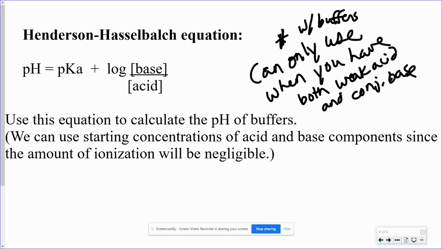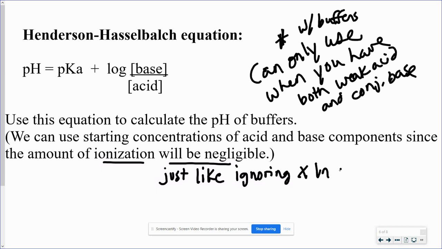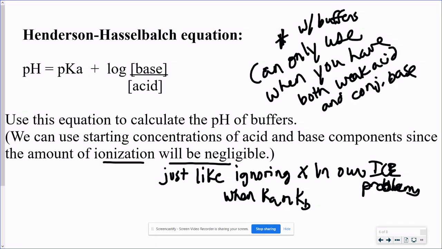Just like when we ignore X in our ICE problems, we're assuming that the amount of ionization will be negligible. This is for weak acids and weak bases, when Ka or Kb is small.